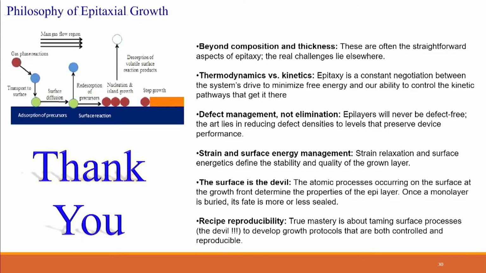It's mainly a fight between thermodynamic driving forces, which tell a system which way to evolve to go to the minimum energy configuration, and kinetics, which tells a system how fast it can evolve. Sometimes using kinetics, we can cheat thermodynamics, like we did for germanium tin, where we stopped those Stranski-Krastanov islands from forming, and we stopped germanium from segregating in silicon-germanium. It's always a fight between thermodynamics and kinetics.